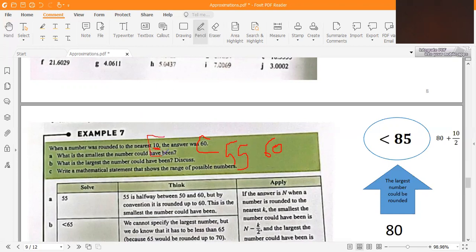Normally we can say that nearest 10 we can write as k, and the answer 60 is our number n that we want to approximate, to find the numbers that we could round to 60 to the nearest 10.